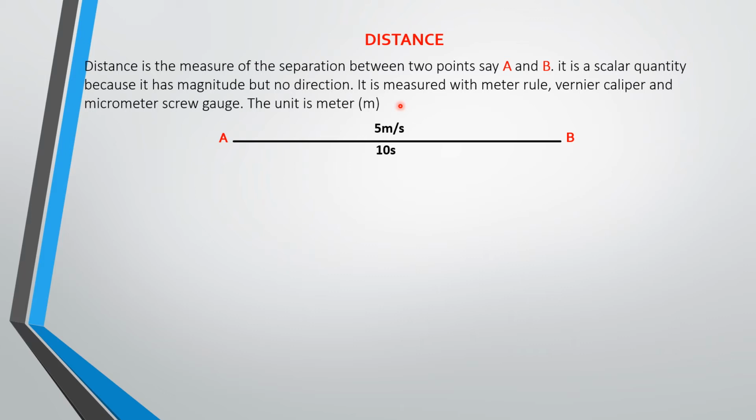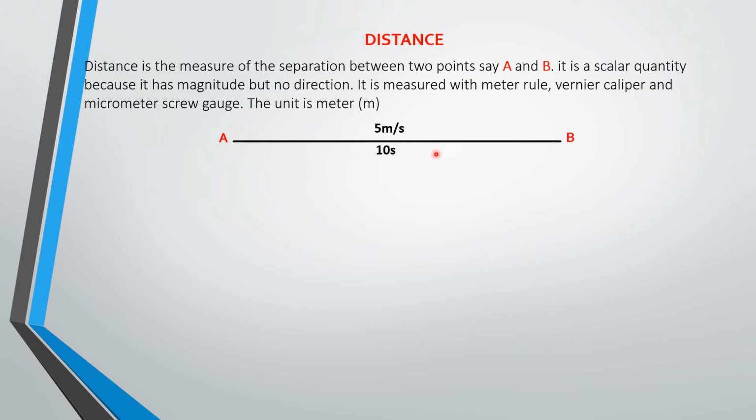If you have 2 points A and B separated by a space, the distance between the 2 points can actually be calculated. Assuming a ball cycles from A to B at a speed of 5 meters per second, and it took the ball 10 seconds.